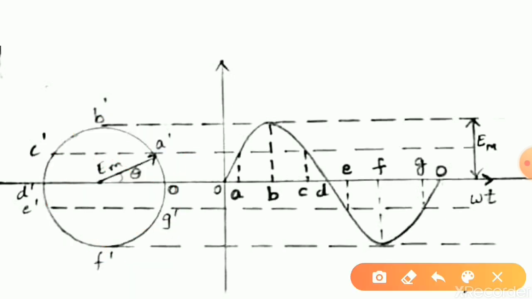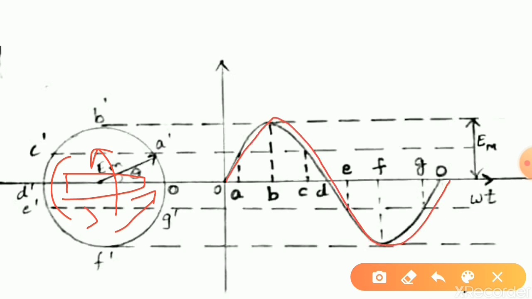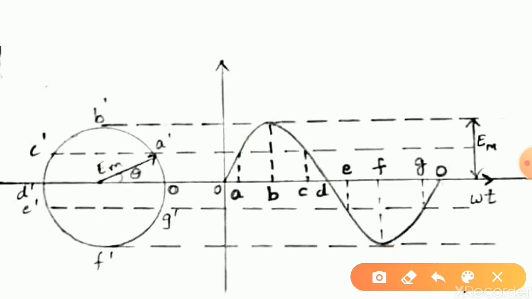When a coil is rotated at constant speed in a uniform magnetic field, we get a sine wave as an output. Let us study that.